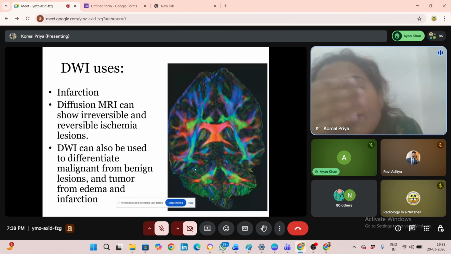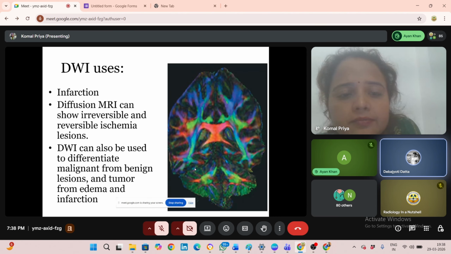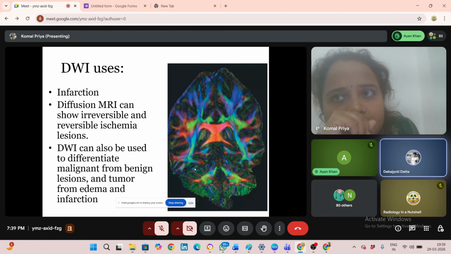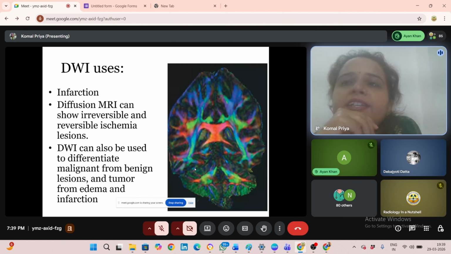In infarction, when the blood supply is restricted, the brain tissues are damaged, and after a certain time, necrosis also occurs. Okay, very good. So this is what happens in ischemia and infarction.